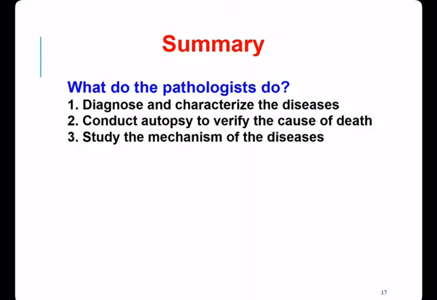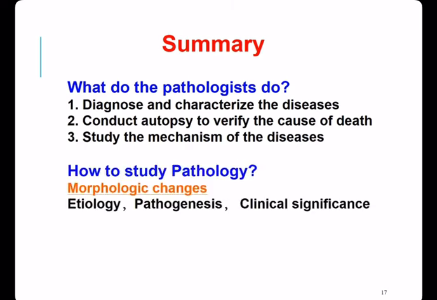Okay, now let's take a summary. Pathology is the study of etiology and pathogenesis of disease. What do the pathologists do? Diagnose and characterize the diseases. They also conduct autopsy to verify the cause of death and study the mechanism of the diseases.